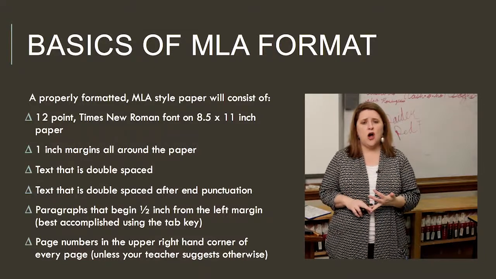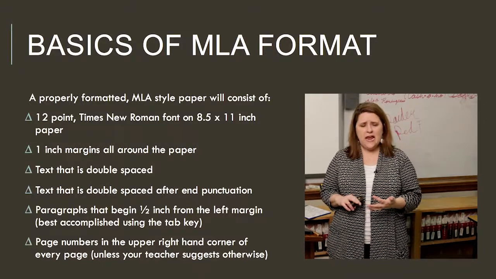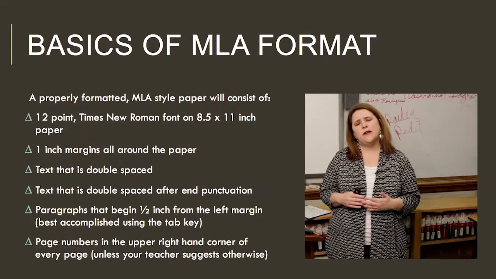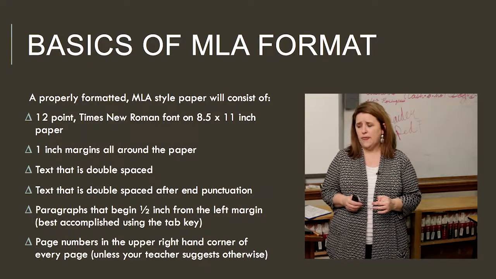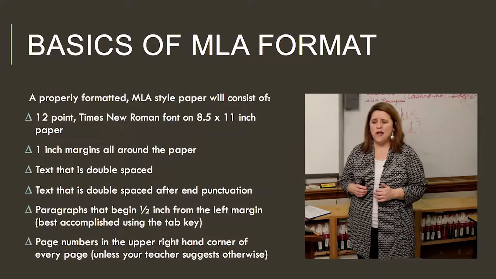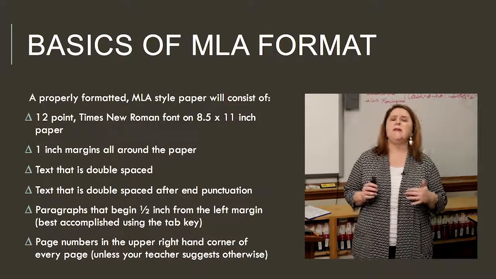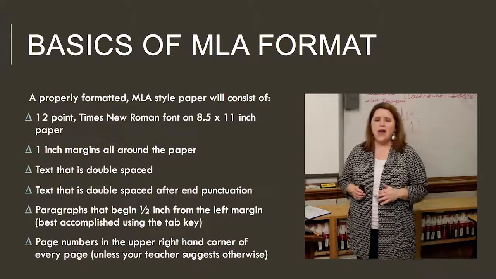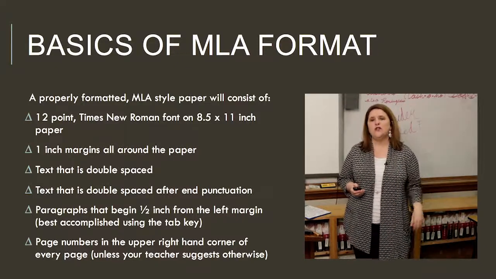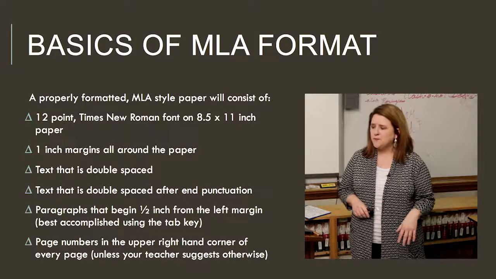The text should always be double-spaced, and it should be double-spaced after any punctuation that you have. Paragraphs should begin 1/2 inch from the left margin, and page numbers should be in the upper right-hand corner of every page unless your teacher suggests something different.